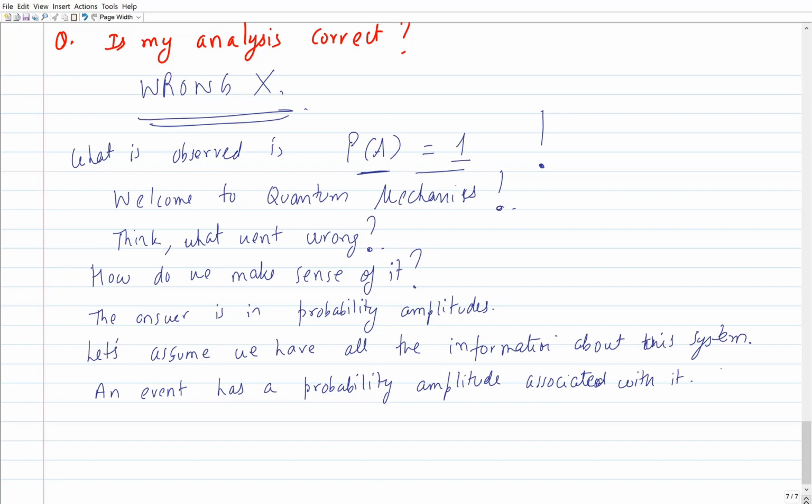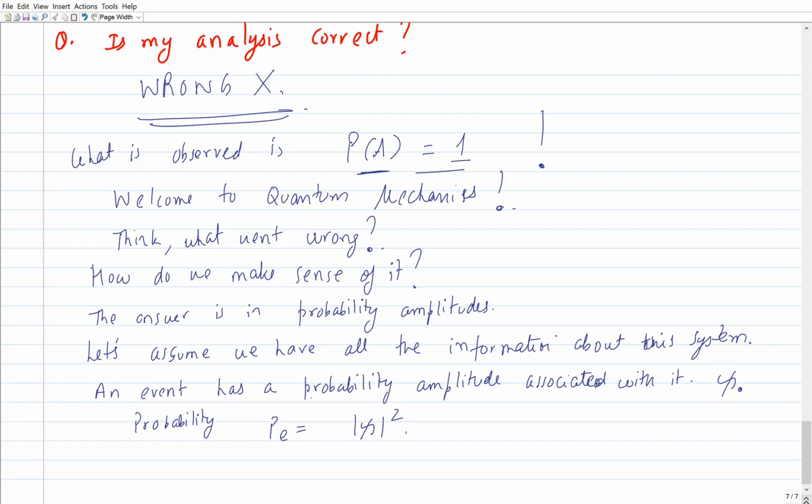Let's call it psi. And the probability of the event is given by the modulus squared of it.